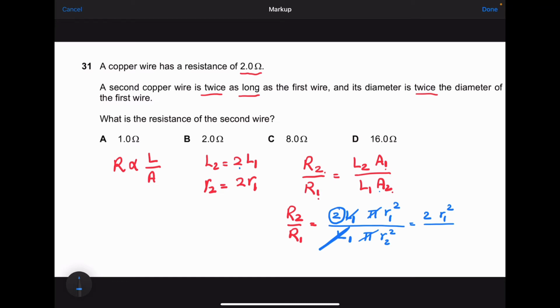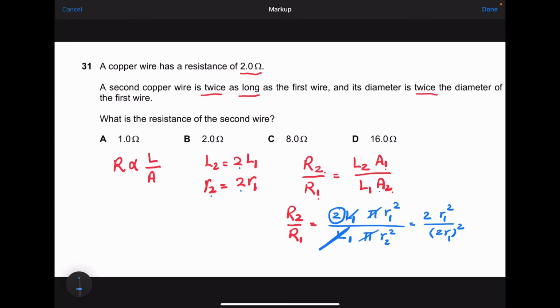But I know from the given that the diameter or the radius R2 is twice R1. So instead of writing R2 square, I would write 2R1, but do not forget to make it square.